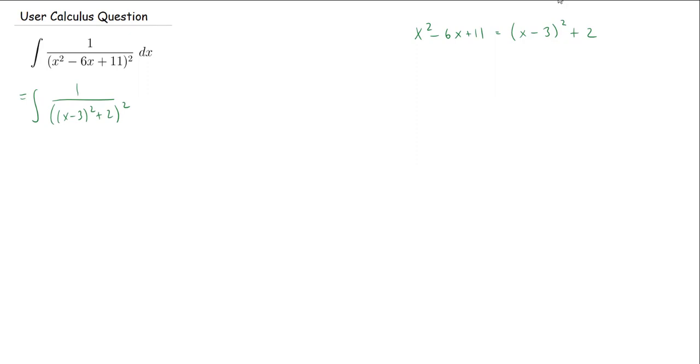And in my mind, first thing I want to do is just ignore this square for a moment. So in my mind, I'm thinking about this antiderivative, which I know is going to be the arctan of x. A lot of teachers will tell you got to put plus c, but I always take this to mean an antiderivative, so I'm not going to be writing my plus c's in this video.